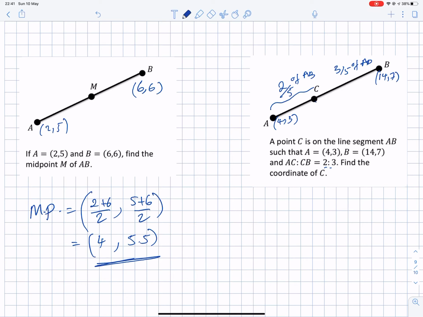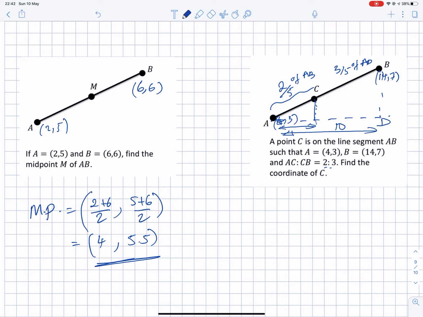But the coordinate, what we want, this point here, is going to be 2/5 of this horizontal gain. So from A to, I'll call it D over here, this distance is, well, from 4 to 14, so that's 10.